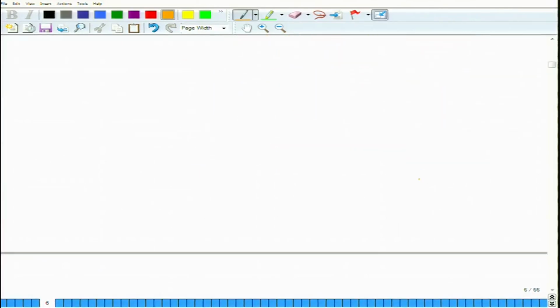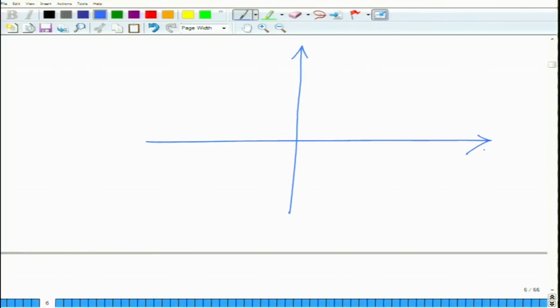A simple way to look at it, once again a simple illustration: S plane, sigma, j omega.